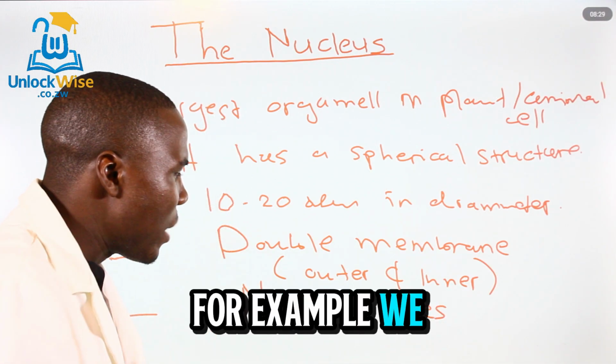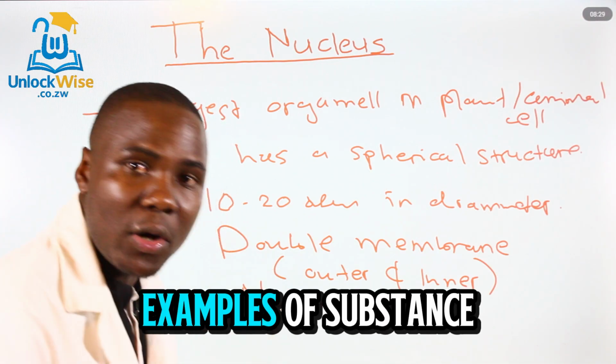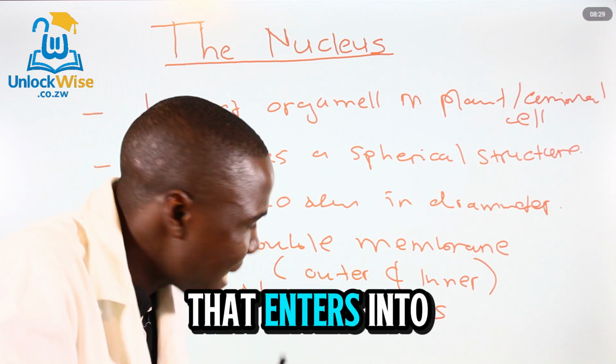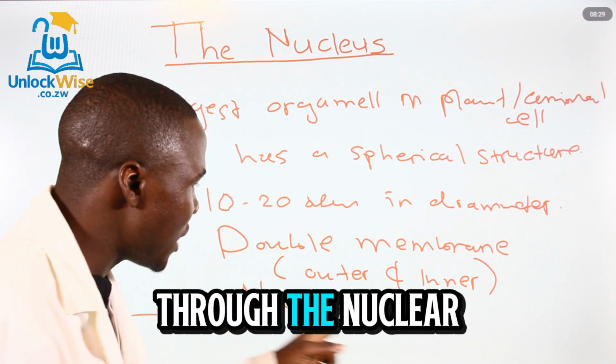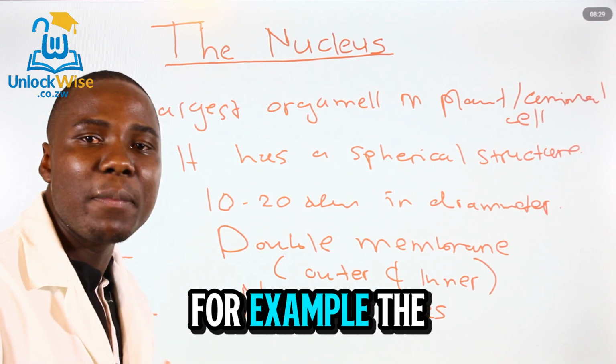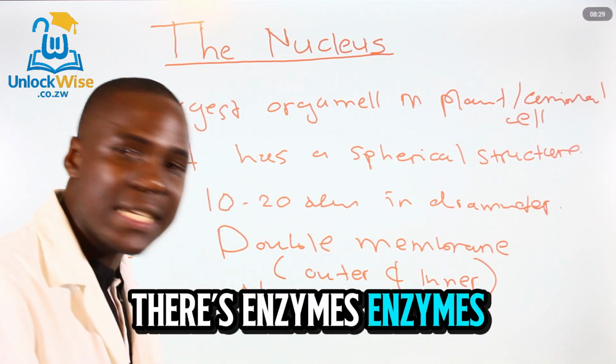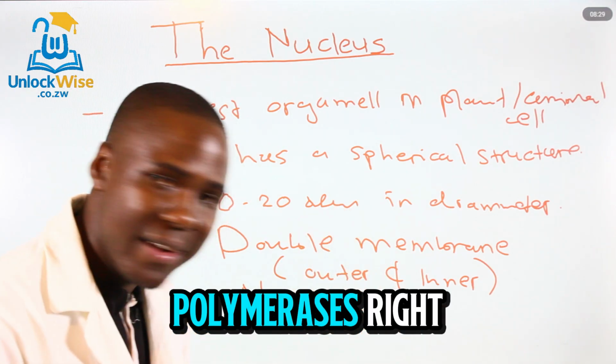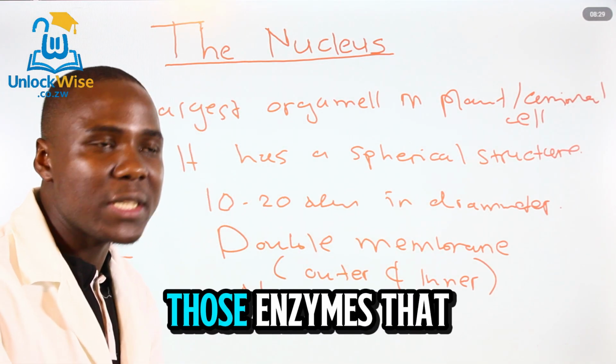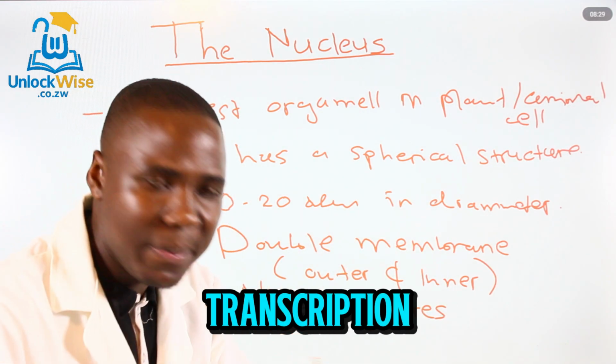For example, we have examples of substances that enter into the nucleus through the nuclear pores. For example, the nucleotides, right? There are enzymes like DNA polymerase, right? Those enzymes that are important for transcription.